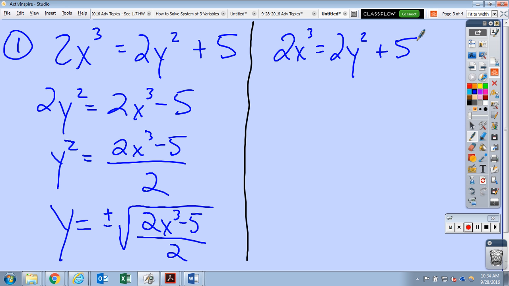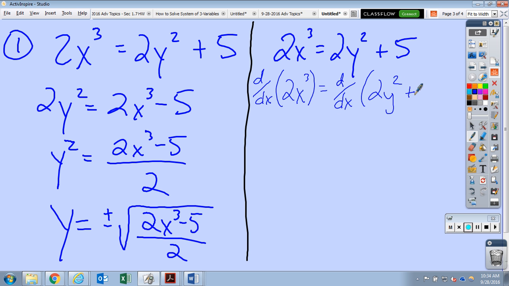So let's say we take the derivative with respect to x of each side. Take the derivative with respect to x of the right-hand side. Okay. Whatever we do to one side, we do to the other. So what is the derivative of 2x cubed with respect to x?